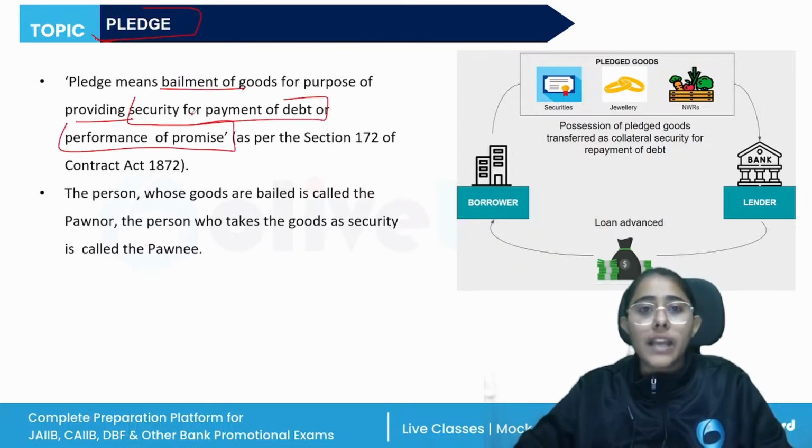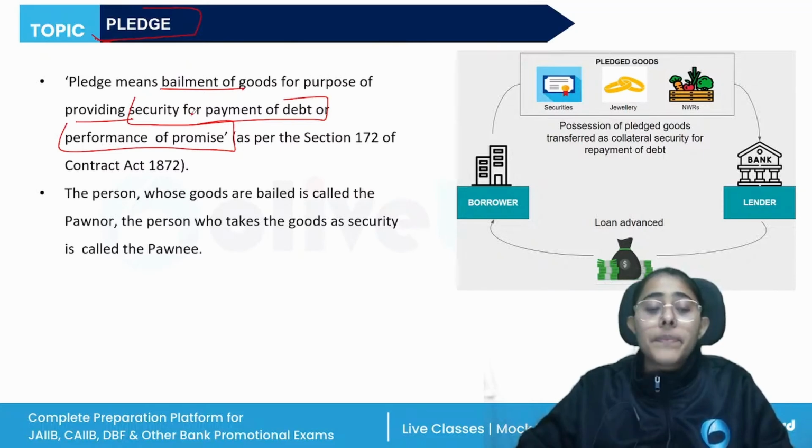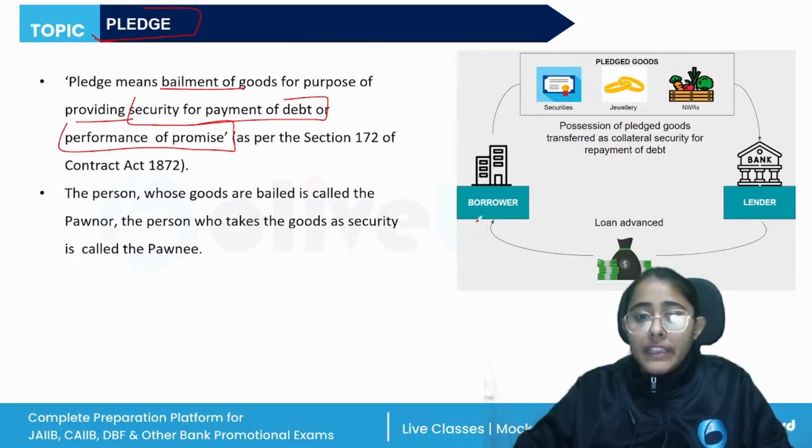In bailment, what is happening? The goods are transferred for use for a particular period and then they are returned. In a pledge, what is happening? The goods are bailed but kept as security. For example, when the borrower goes to a lender, a bank, and asks for a loan, the loan is advanced in return for the pledged goods.